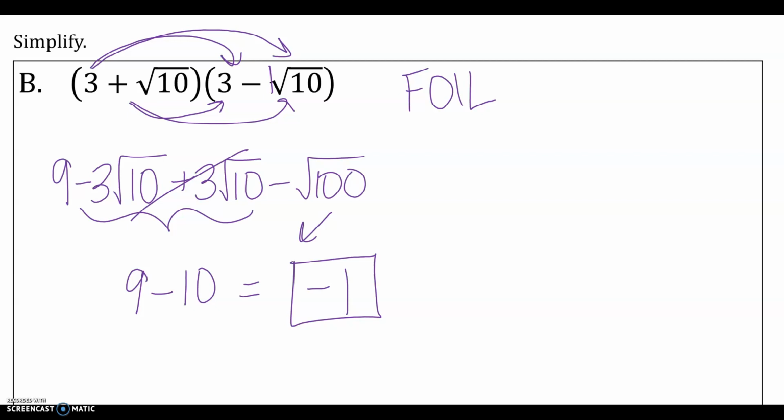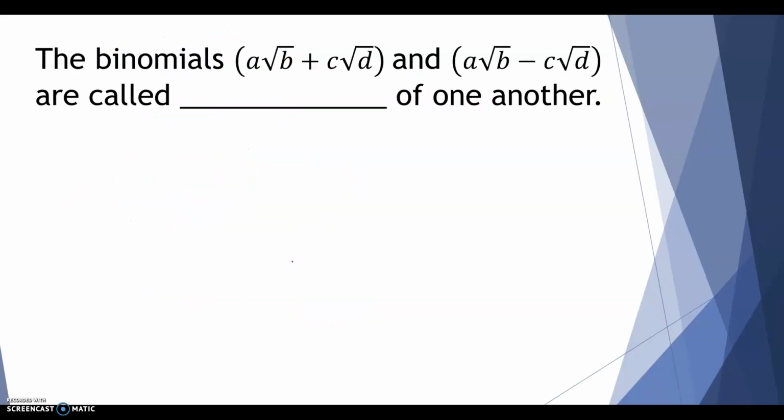Now, this is not a coincidence. There is something special about these two previous problems that makes them result in an integer as an answer. So those binomials, if you look at the difference, the numbers are the same, but you have a plus and you have a minus.